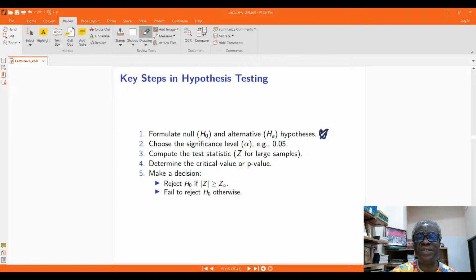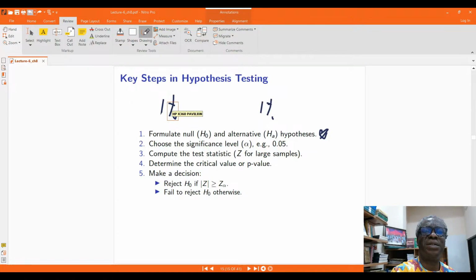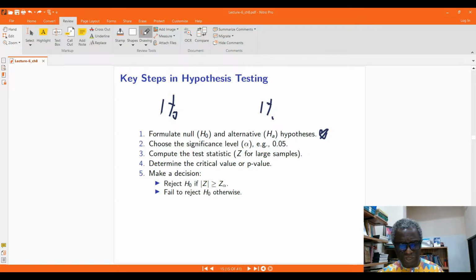This involves stating the null hypothesis and stating the alternative hypothesis.